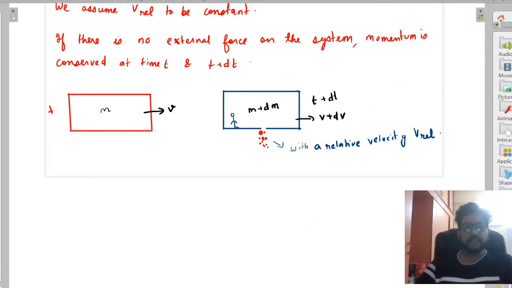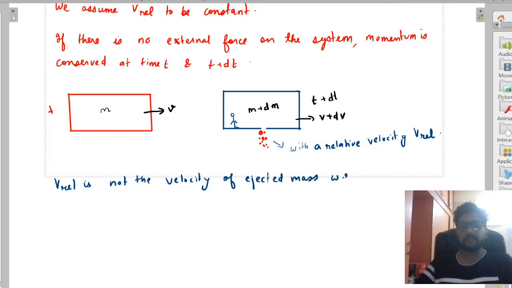So I will write it again for all of you. This v relative is not the velocity of ejected mass with respect to ground.